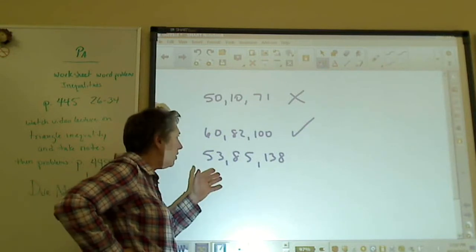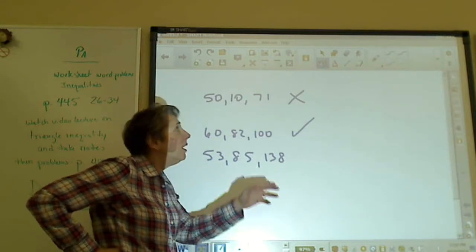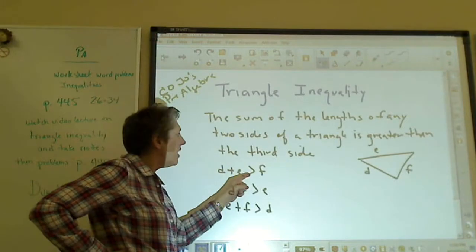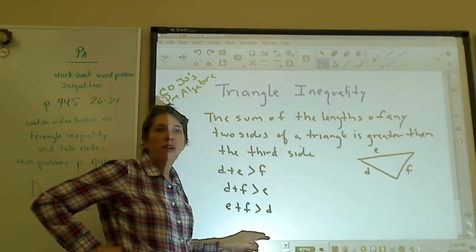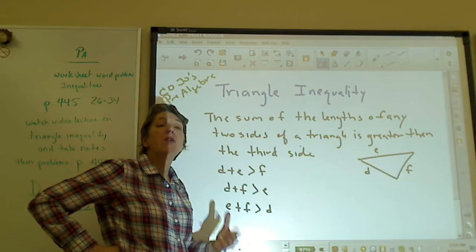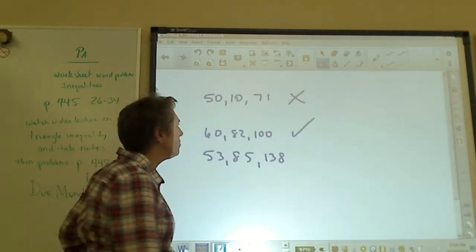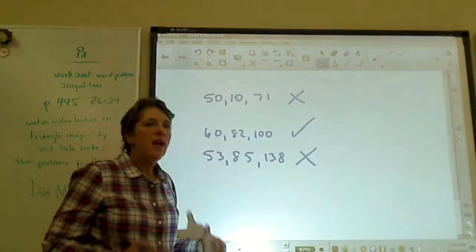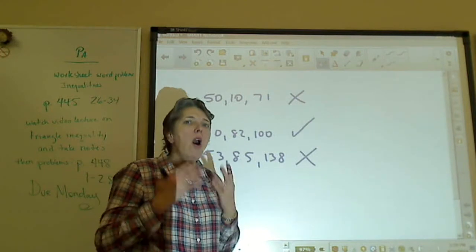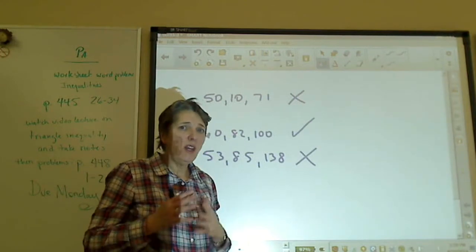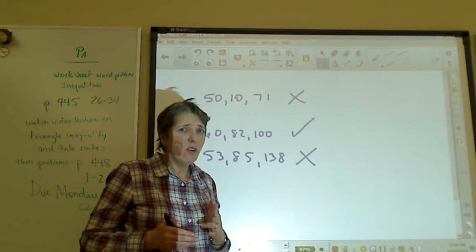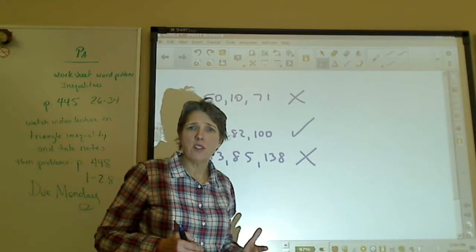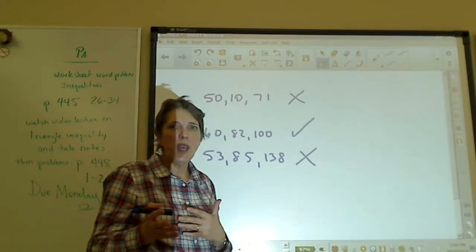Well, 138 equals 138. And the triangle inequality did not say that it could be greater than or equal to. It has to be greater than. So therefore, this would be a no because it doesn't meet all the conditions. Any two of the three sides must always be greater than the third side. You can't have two yes and one no.